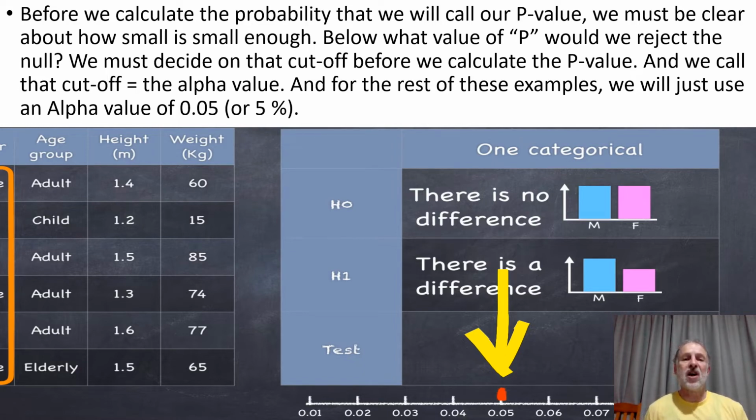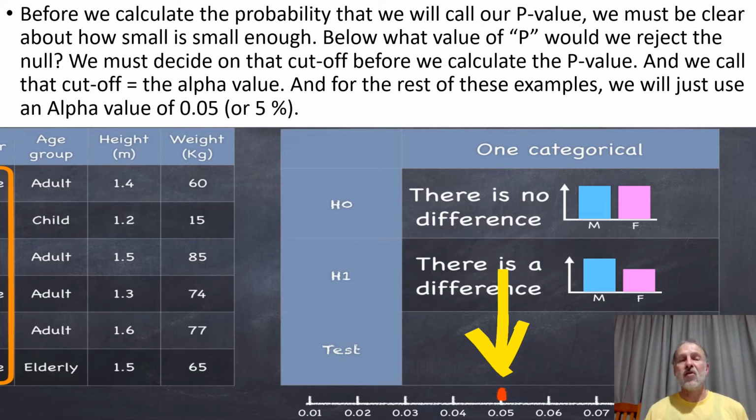We must decide on that cutoff value before we calculate the p-value. And we call that cutoff value the alpha value. And for the rest of these examples, we will just use an alpha value of 0.05 or 5%.